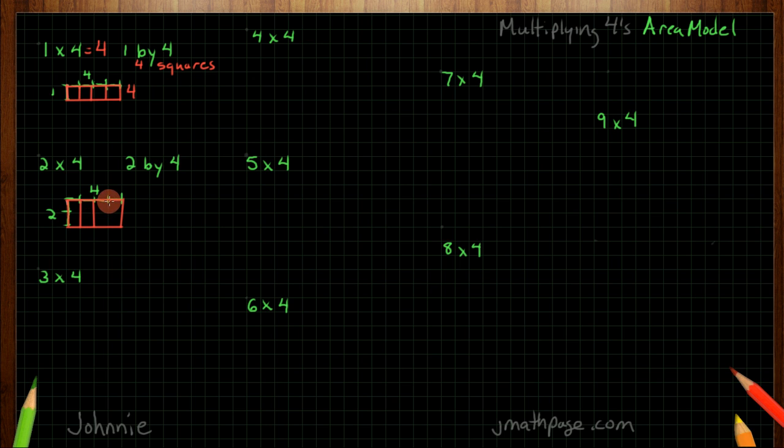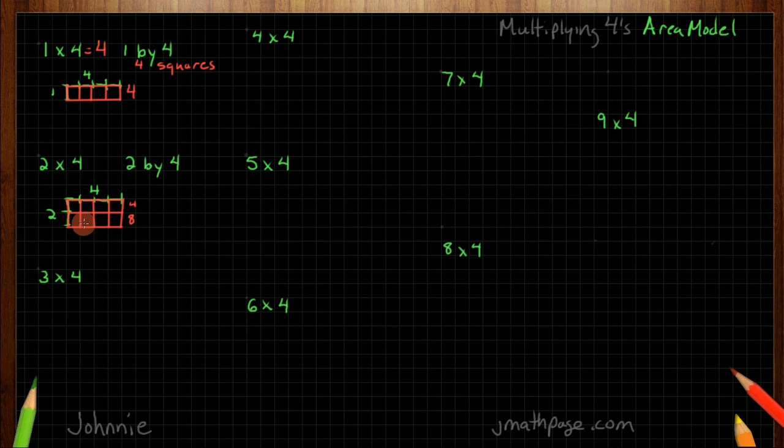I'm marking off the columns first. Do you see 1, 2, 3, 4 columns? How many rows are there? I count 1, 2 rows. So 2 rows and 4 columns. So how many squares does that make? Well, we can count them out. 1, 2, 3, 4 in that row. 5, 6, 7, 8 altogether.